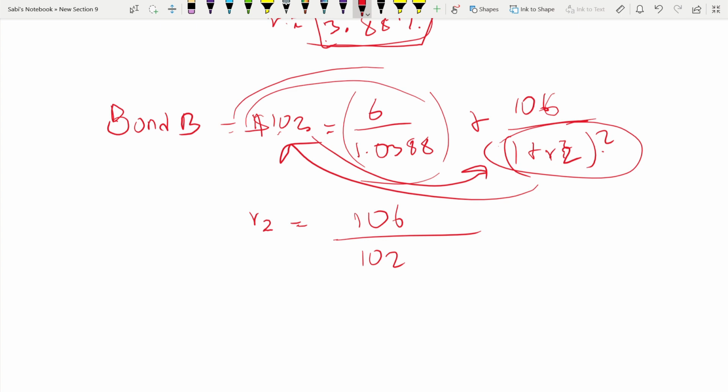Minus this, you can easily do. 6 divided by 1.0388, that is 5.78. How do you know this minus this?